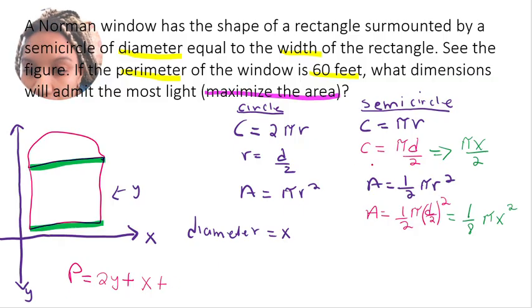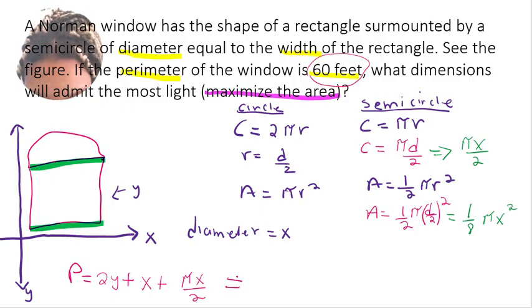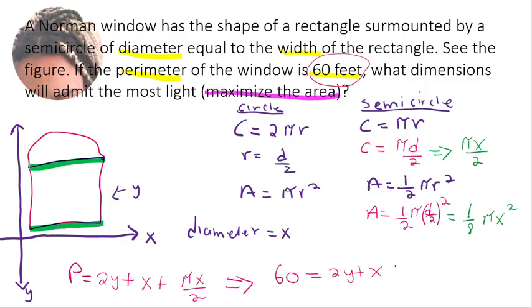I cannot add this distance for the rectangle and the semicircle because they're both the same. So whatever this is, I'm going to add it here. Well, I know what the circumference is. The circumference is pi x over 2, right? Yes. Now, the problem tells me the perimeter is 60. So I can rewrite that as 60 equals 2y plus x plus pi x over 2.